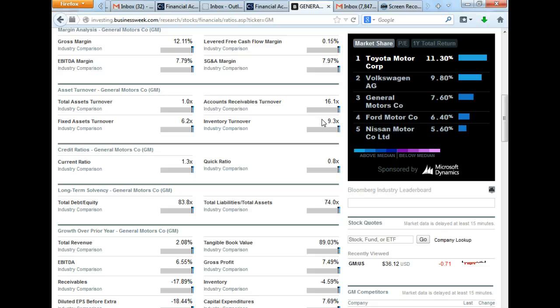The inventory gets turned over 9 times, which is about, say, 38 days. Well, what kind of asset are we dealing with? It's very different than a computer or an iPhone, isn't it?